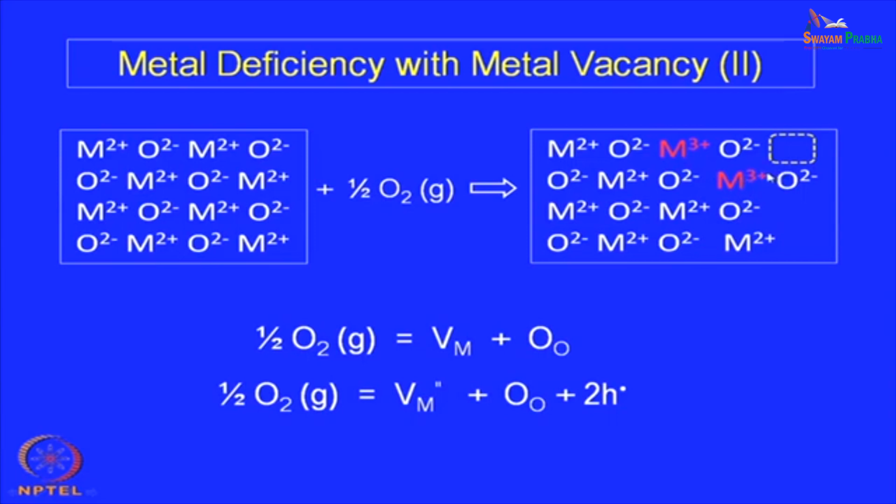So, one each goes to 2 different metals, and that is how you are creating 2 M3 plus sites, and they are variable valency, they can change any time. In fact, it is a kind of resonating valency. That means they are not 3 plus all the time. Because the hole is a mobile species, when it gets attached to this, it has become 3 plus, and next time it will be 2 plus again.